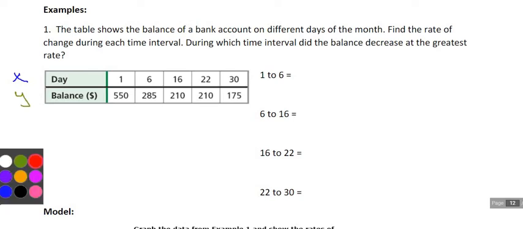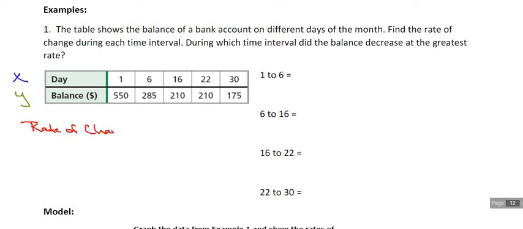And because our rate of change is change in y over change in x, we're going to find the differences in y's divided by the differences in x.